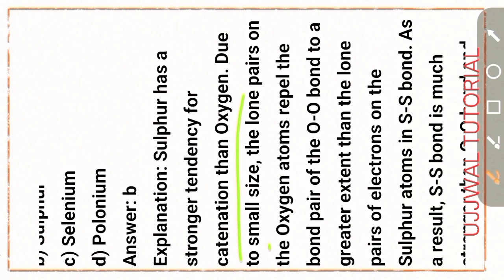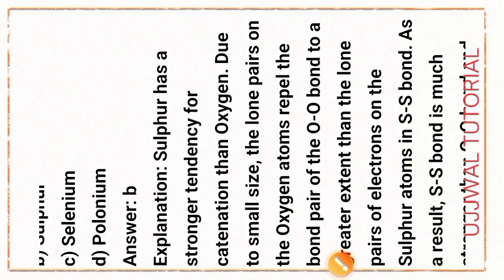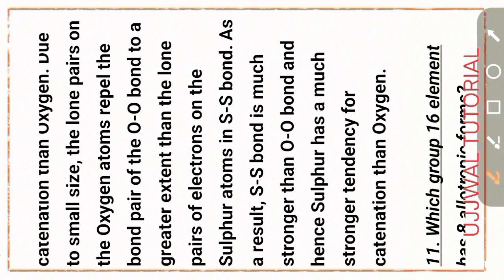Due to the small size, the lone pairs on the oxygen atoms repel the bond pair of the O-O bond to a greater extent than the lone pairs of electrons on sulfur atoms in the S-S bond. As a result, the sulfur-sulfur bond is much stronger than the oxygen-oxygen bond, and hence sulfur has a much stronger tendency for catenation than oxygen.